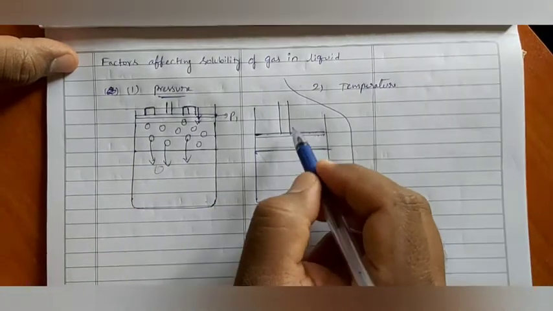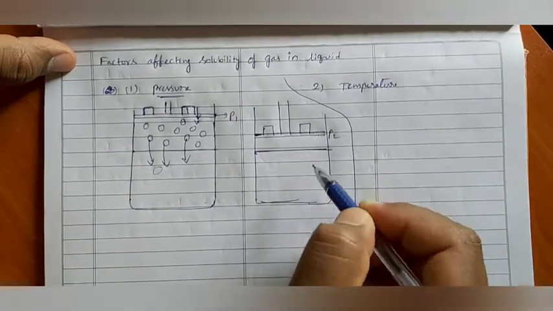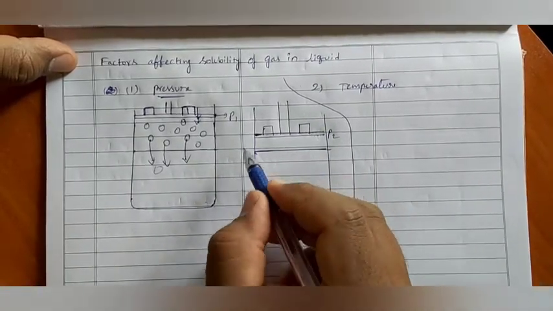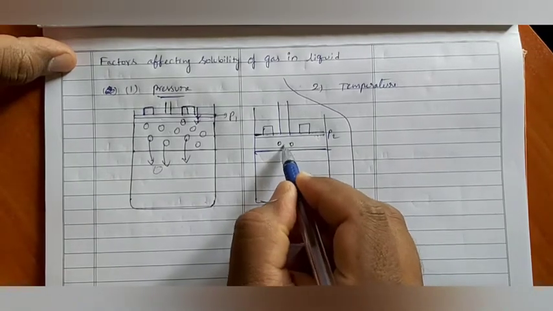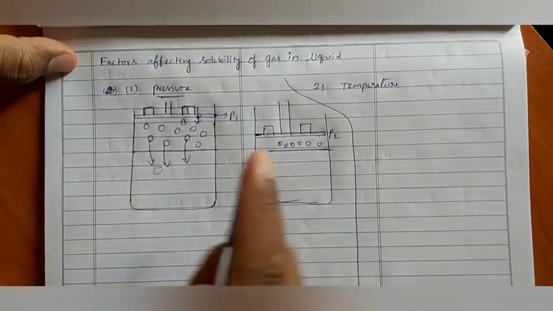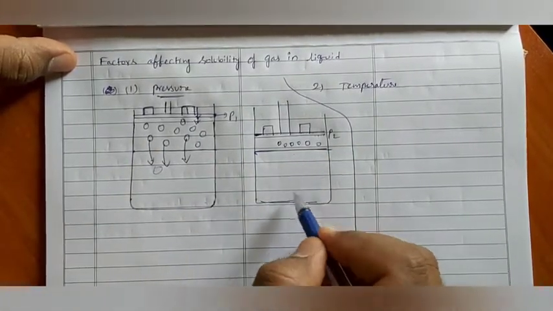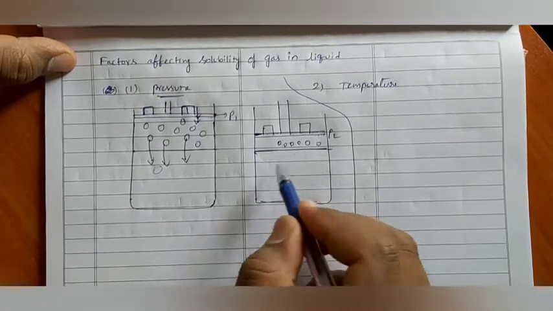By the increase in pressure, at P2 pressure, these 10 particles are now only 6 particles. That means what happened to the 4 particles? They are soluble in the liquid.